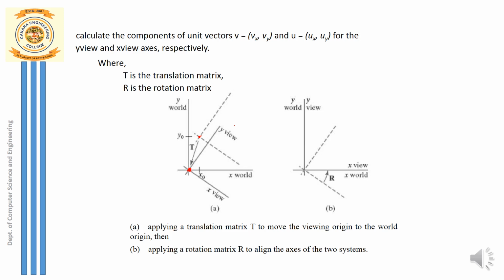So this old origin is shifted to the new origin with respect to the world coordinate system. After translating, now you are ready to orient or rotate. Rotation is applied now here. You can see rotation is done by an angle theta. After rotating, you can see the rectangle will be in a proper position. Now your clipping window is ready to perform clipping with respect to the world coordinate system.